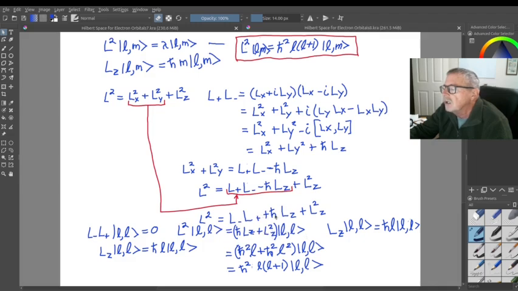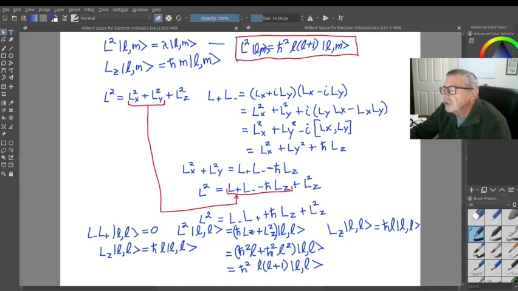That's that quantity up here without those two pieces. And then we come down here and see if we can simplify things a little bit. Lz is h bar l times the vector, Lz squared, well, if Lz is h bar l, then Lz squared is going to be h bar squared l squared.